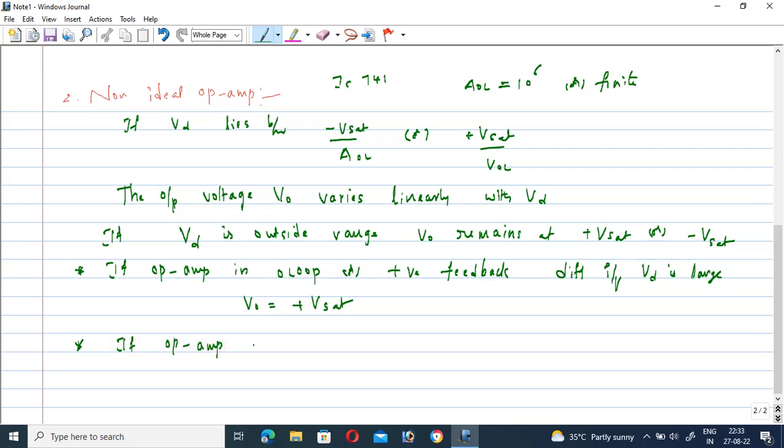In negative feedback, VD is negligibly small, and hence the op-amp works in the linear region.